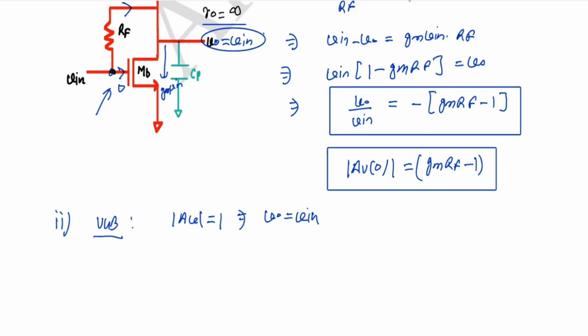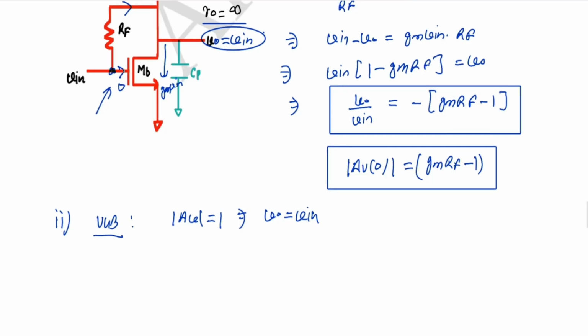If we apply KCL here, this current is 0 and V naught equal to V in, so this current will also be 0. Now only KCL remains, that will be GM V in plus the current through the capacitance, that is V naught divided by 1 by SCP, equal to 0.